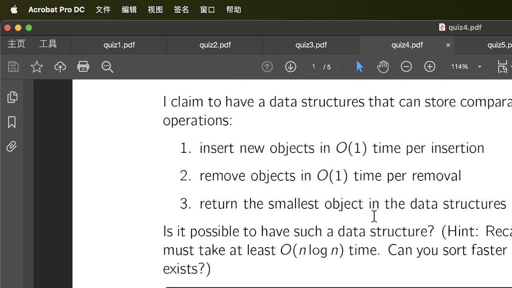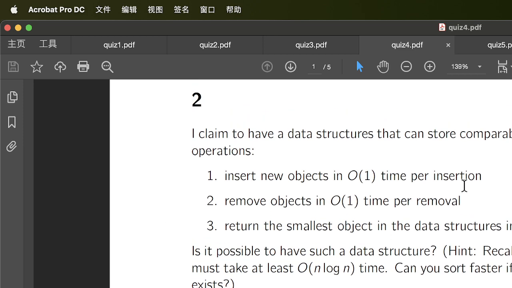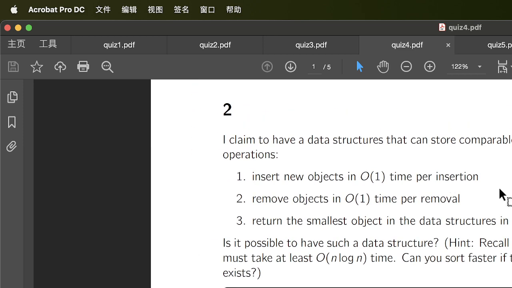Okay, so number 2. I claim to have a data structure that can store comparable objects and supports the following operations. The first one, insert new objects in constant time, O of 1 time, and also remove objects in constant time, and return the smallest object in the data structure in O of 1 time. So that is impossible, right?